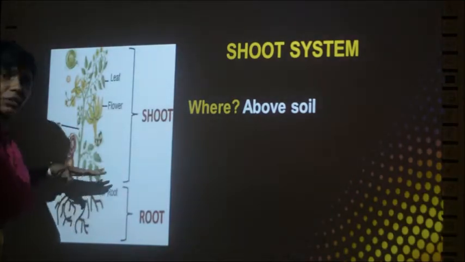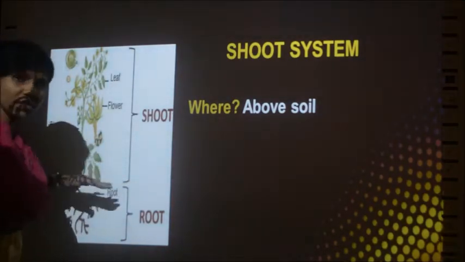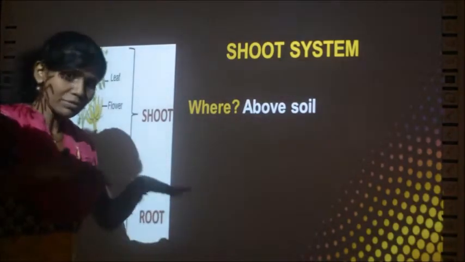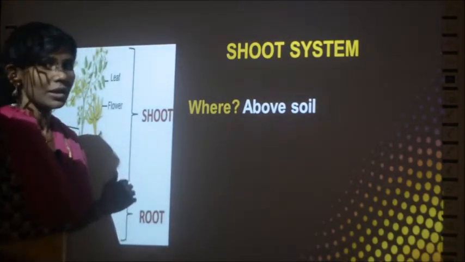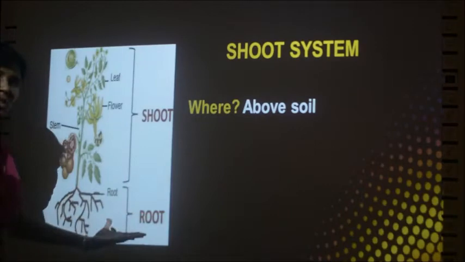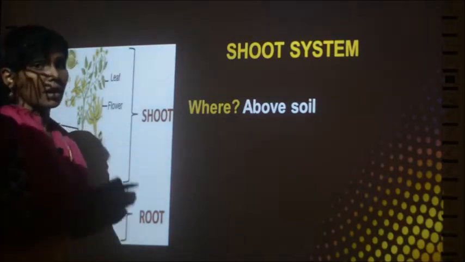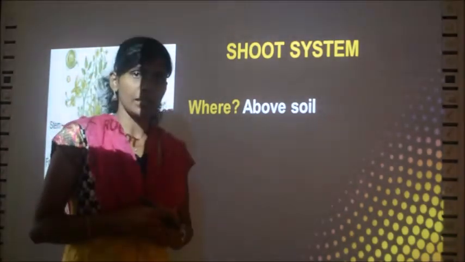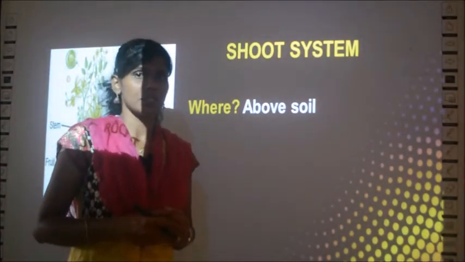See, you have ground level, right? What is ground? Above the soil level. So you have soil, and below the soil you learnt in the last class that there is the root system, right? The parts of the plant which are all above the soil, those are the aerial parts.